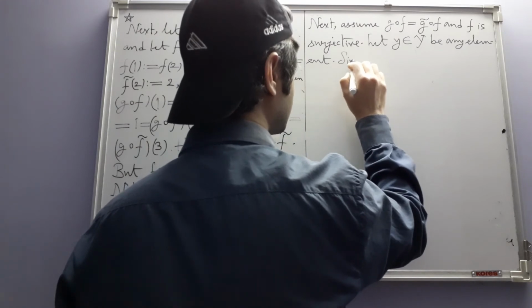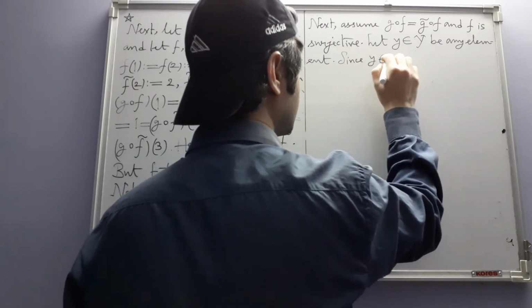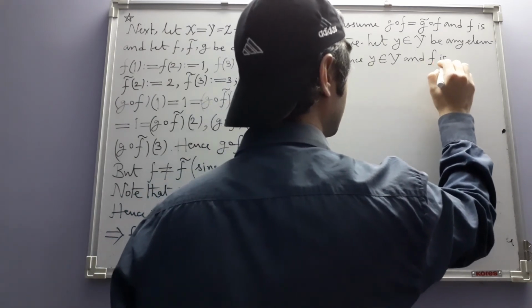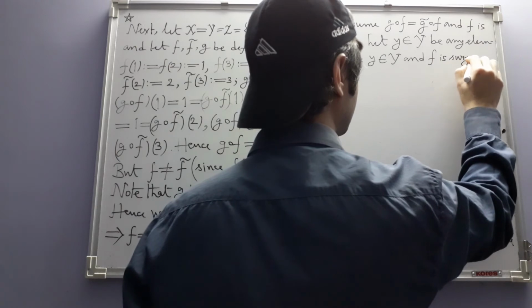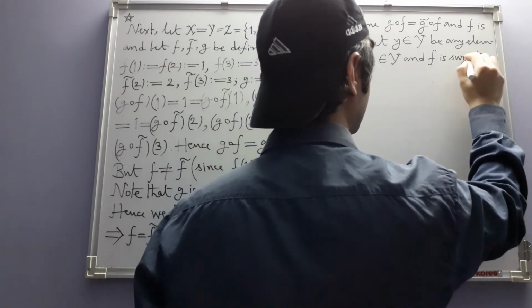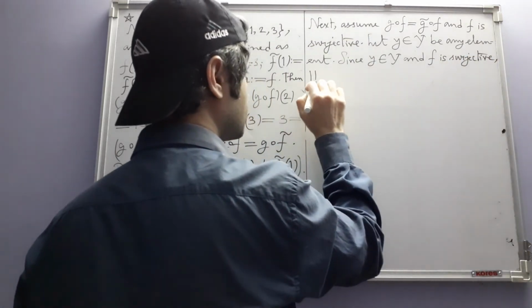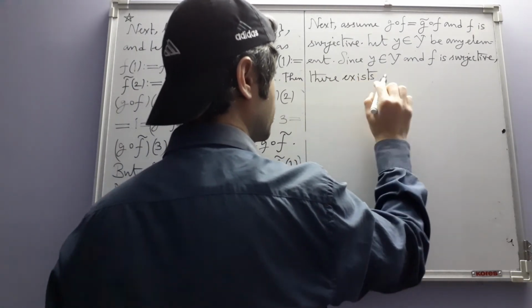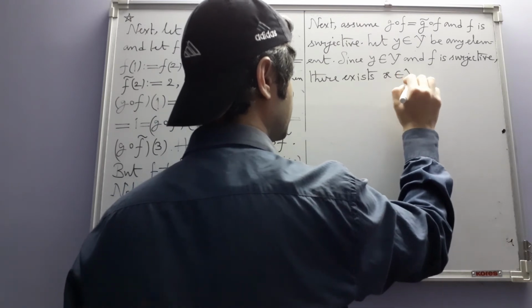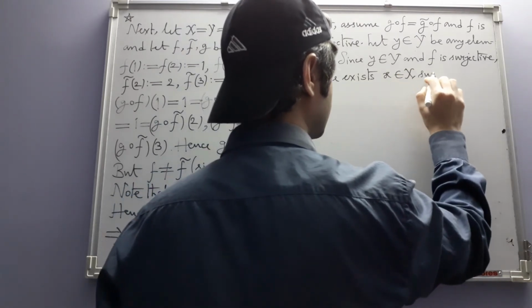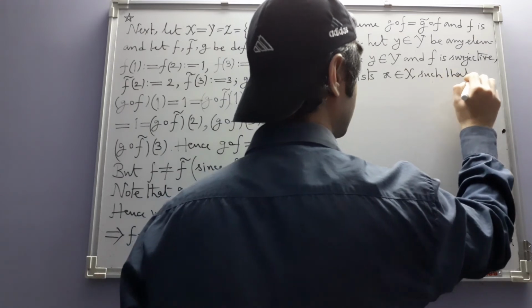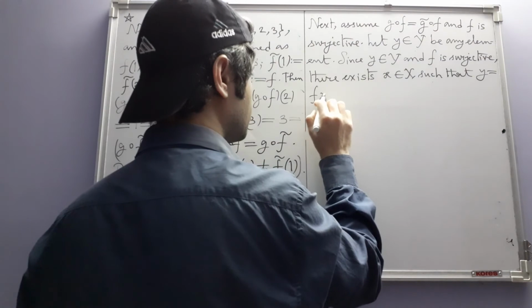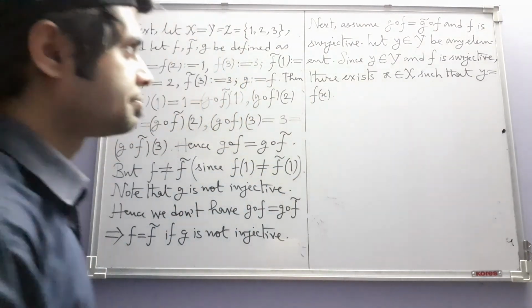So that's why, since y belongs to Y and F is surjective, there exists some element x belonging to X such that y is equal to F of x.